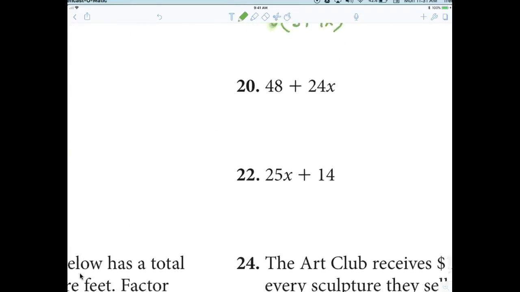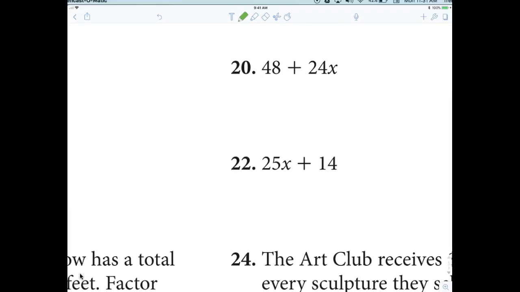Colin, you're up. What about 20, Colin? What's common? 24. 24 is definitely common. Thank you very much. We open parentheses, and then we do 2 plus x. Yes, very nice.